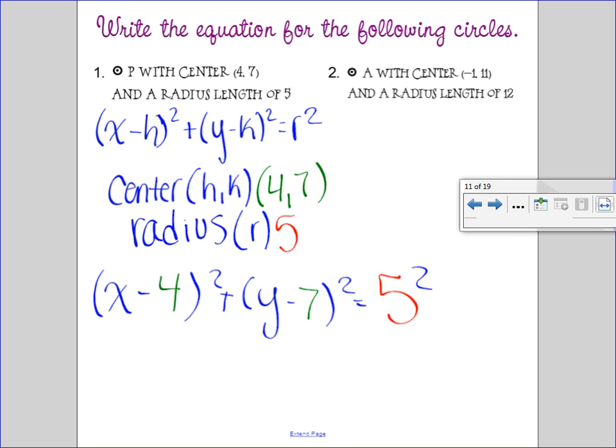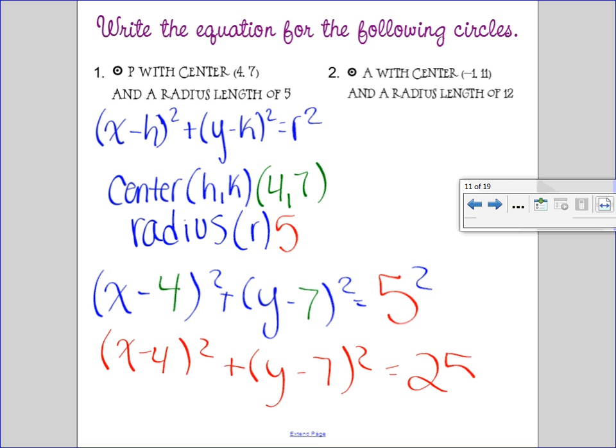Okay, so the only thing that you ever have to simplify, this you're all going to keep the same, but then 5 squared, you are going to multiply that out to get your 25. And that is the equation of my circle. Okay? So as long as you have the center and the radius, you can always plug it in to write the equation of your circle. Yep, that's it. You just have to remember that H and K are the center, and then R is your radius.